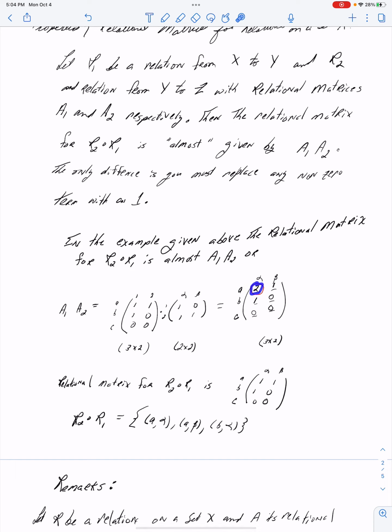For example, the first element gives me a 1 times a 1, add a 1 times a 1. So that's 1 add 1, or 2.